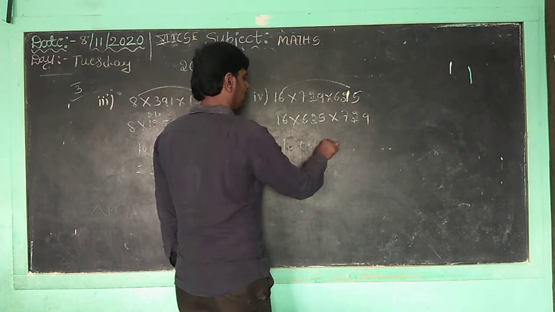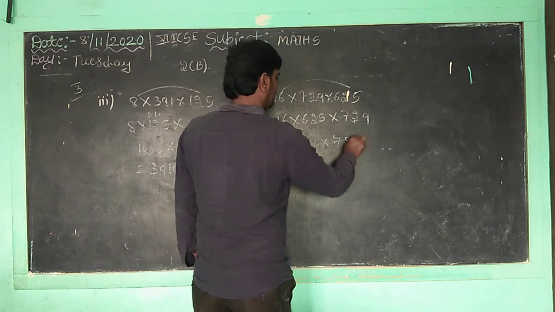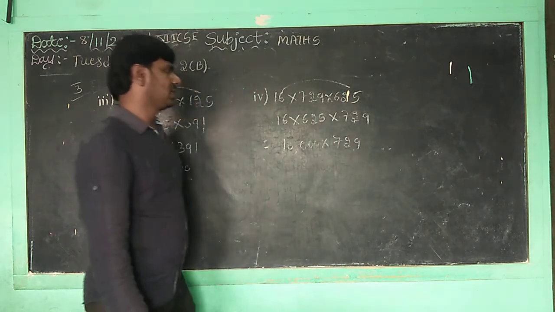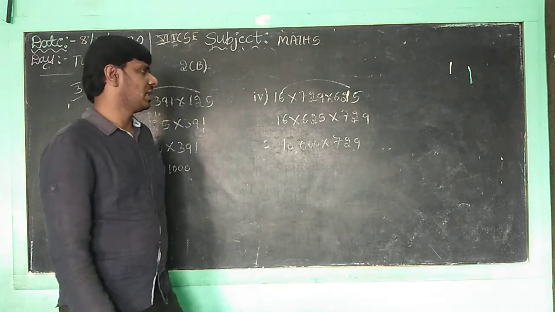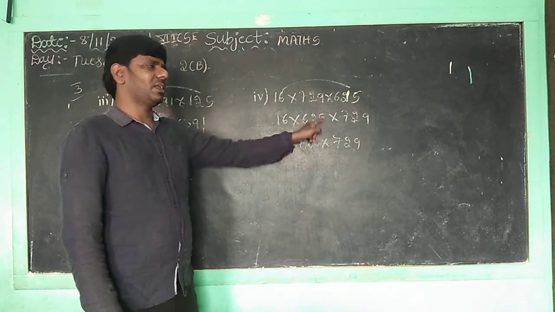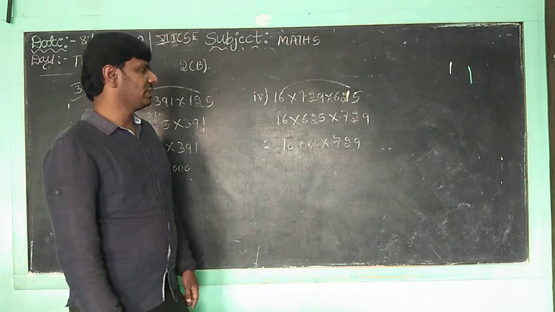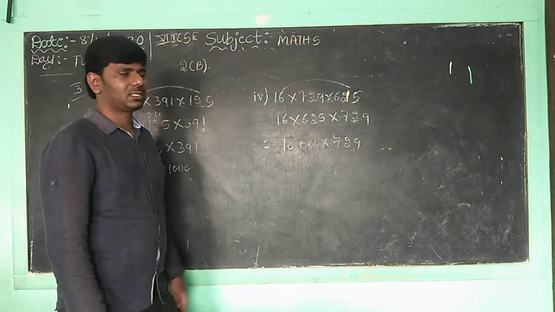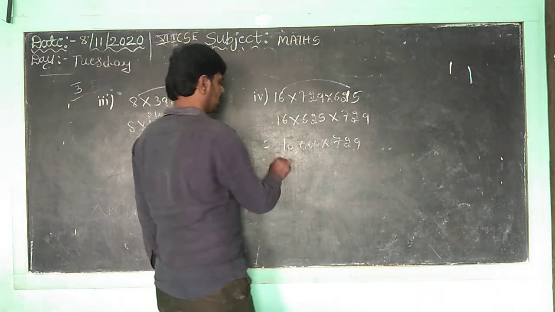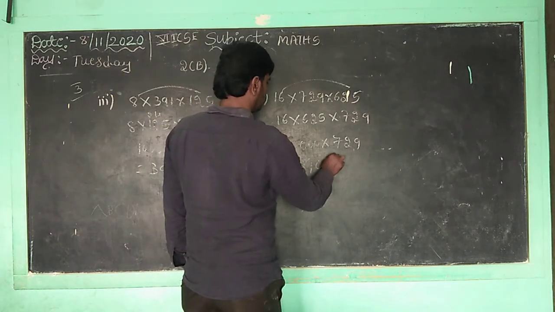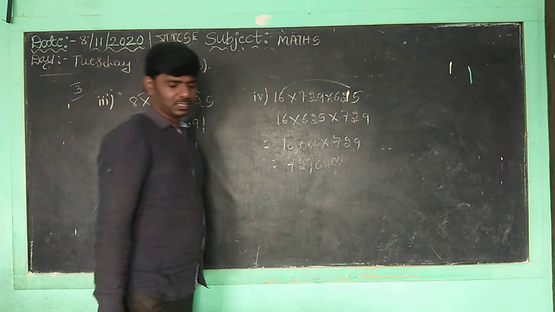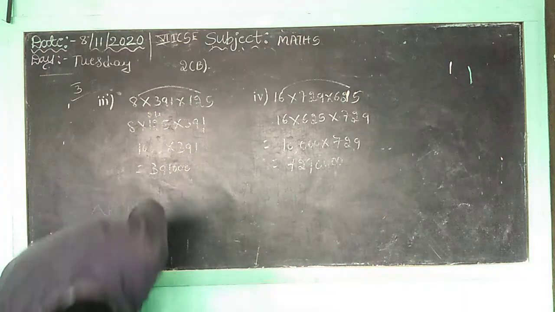Very simple. Into 729. Then 10,000 into 729 is equal to 729 with 4 zeros. 1 2 3 4. Correct, children? This is also over.